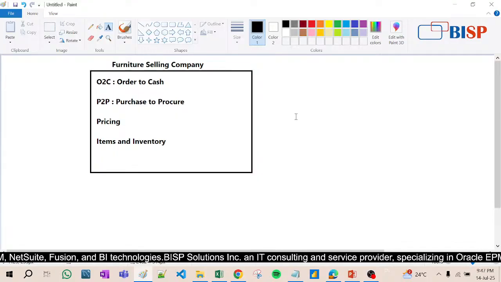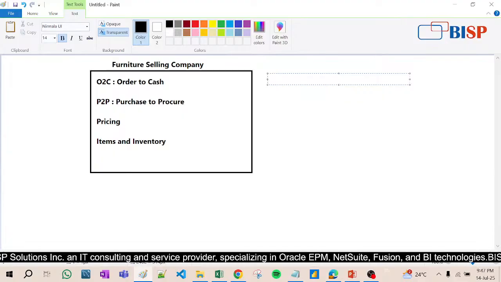Now the BA will talk to the sales team, finance team, and IT to understand their pain points, right? Then prepares documents like BRD, FRD, TDD, flow charts, right?